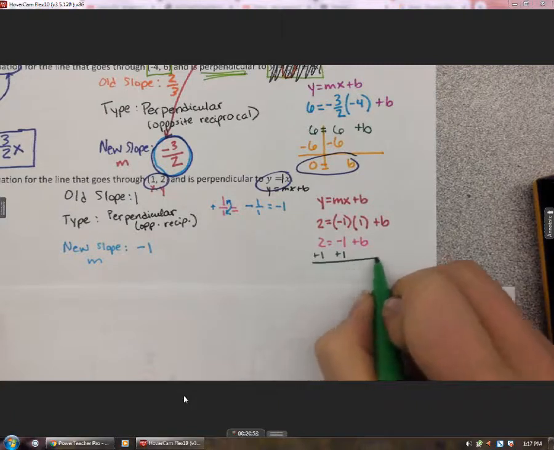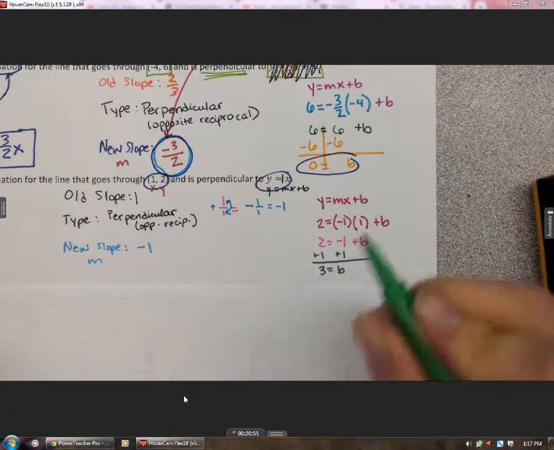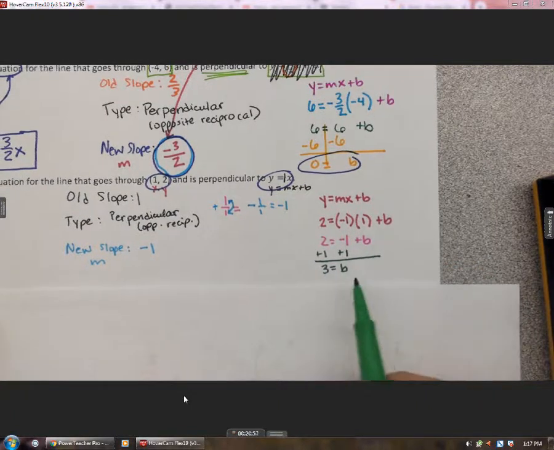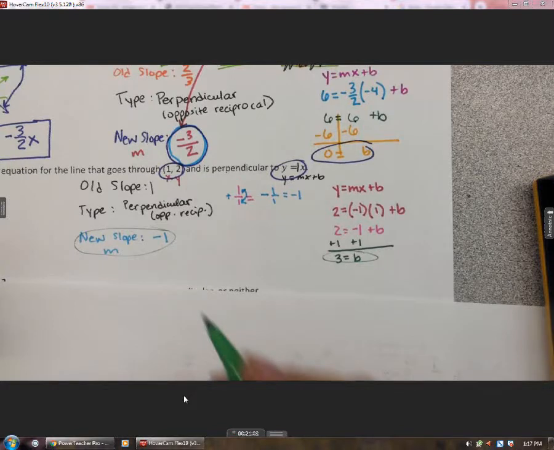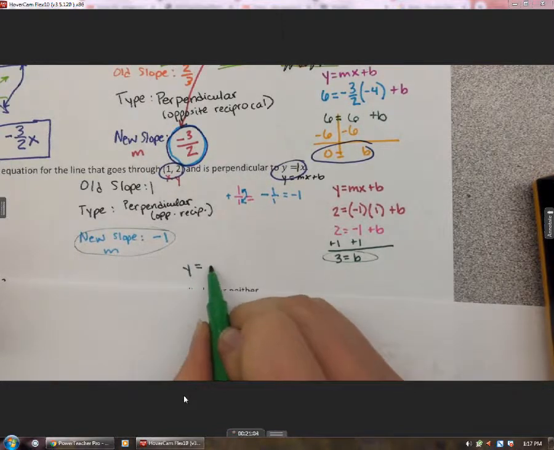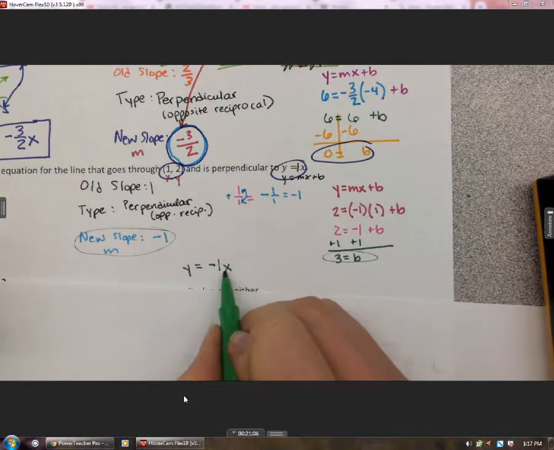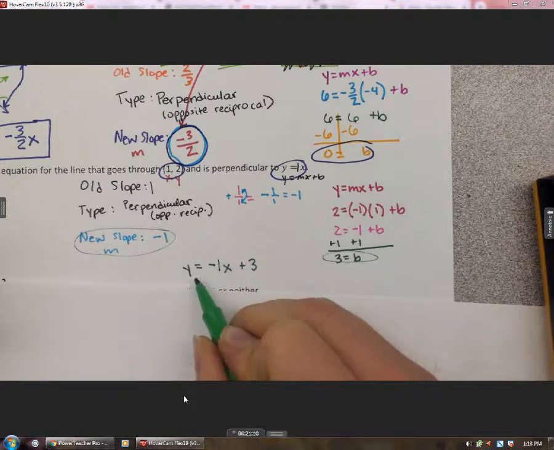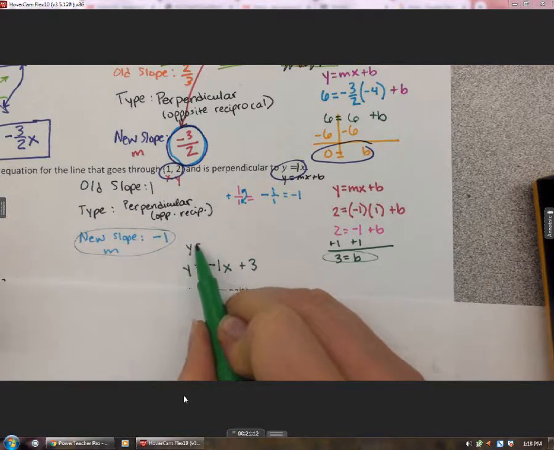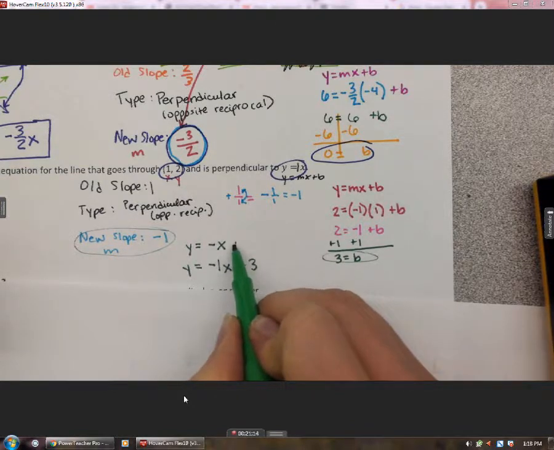Plus 1, so 3 equals b. That's one ingredient. Slope ingredient. So the equation is y equals -1x plus 3. Or if you really want to be sophisticated, you could write it as y equals -x plus 3.